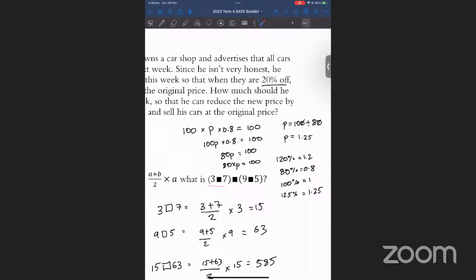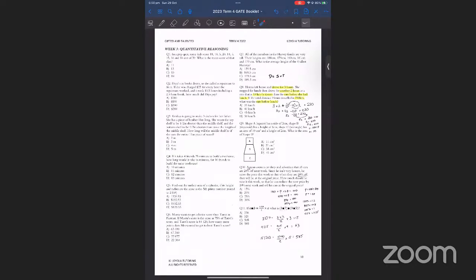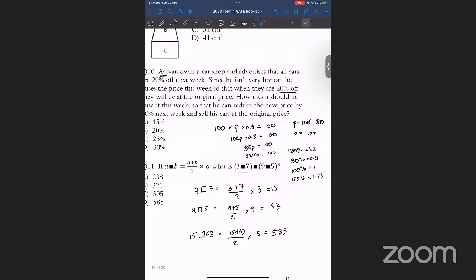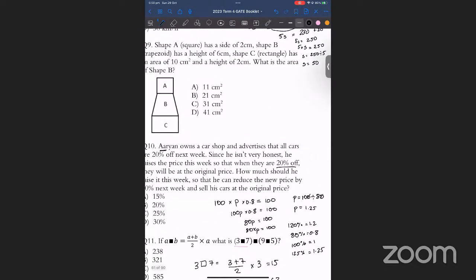All right. Let's see. Ben, yes. I don't understand how you can have 125% of something. Interesting. So you can have 125% of something when you increase it. Let me give an example, Kavya.